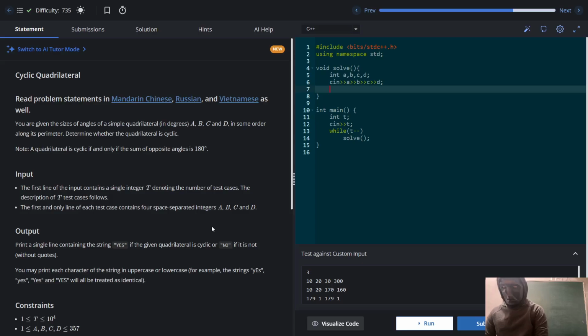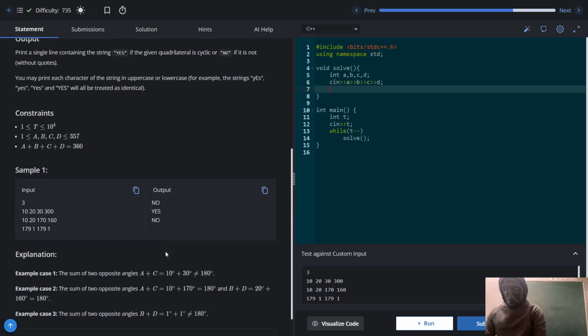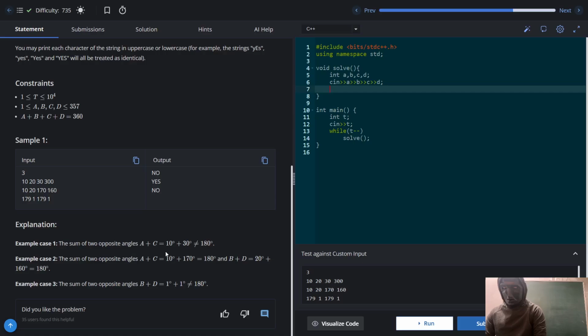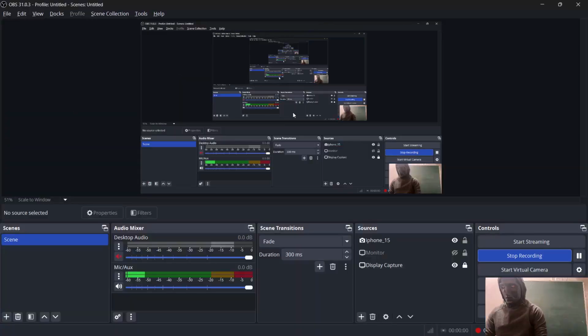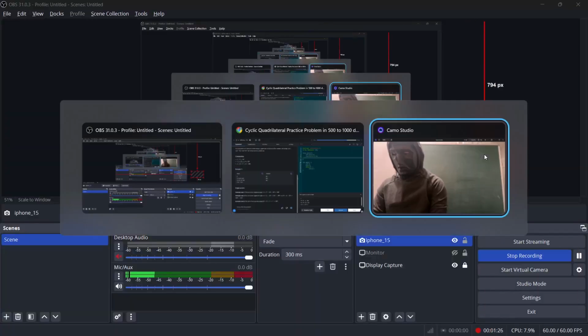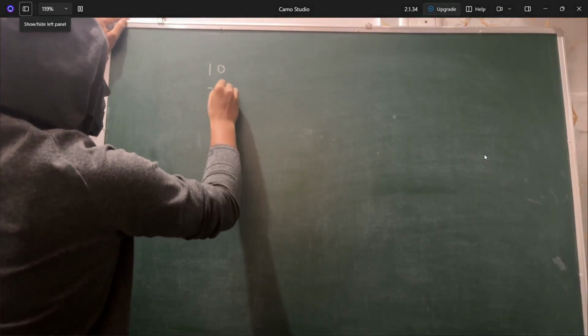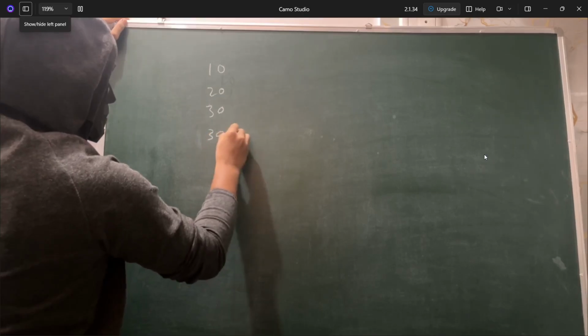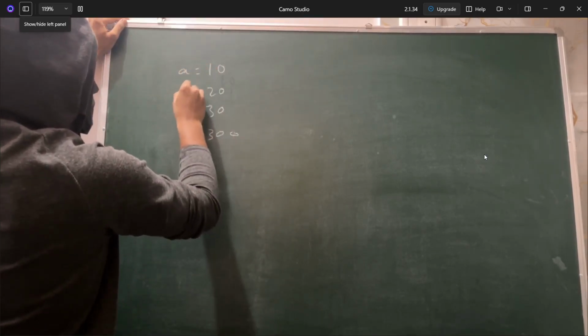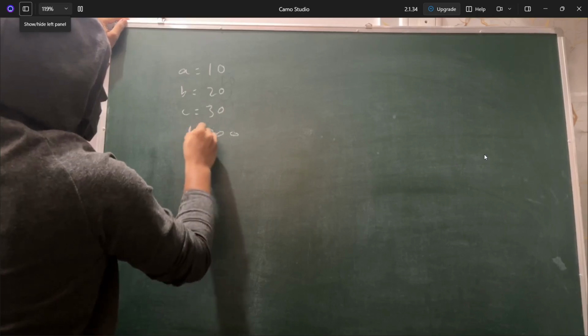Let's try to understand the example. There are three examples. In the first example we have 10, 20, 30 and 300. Let me write it here. These are angles.